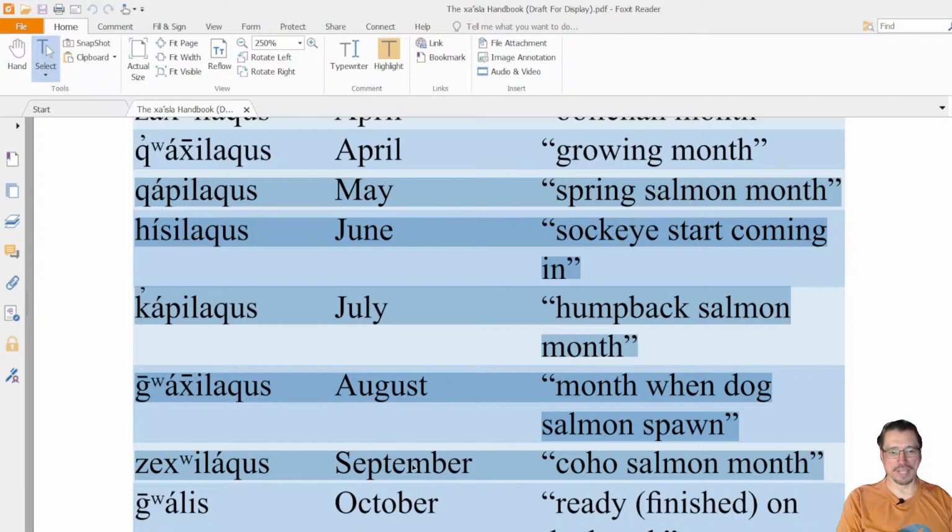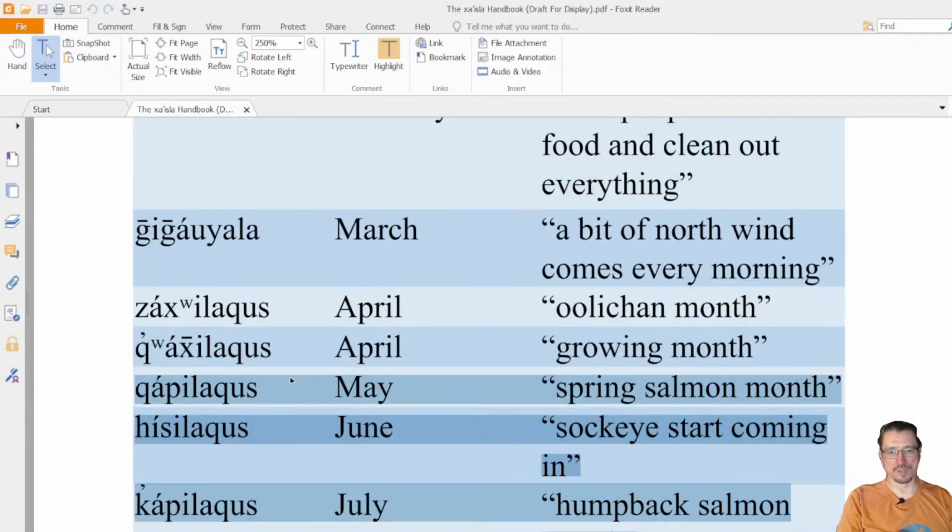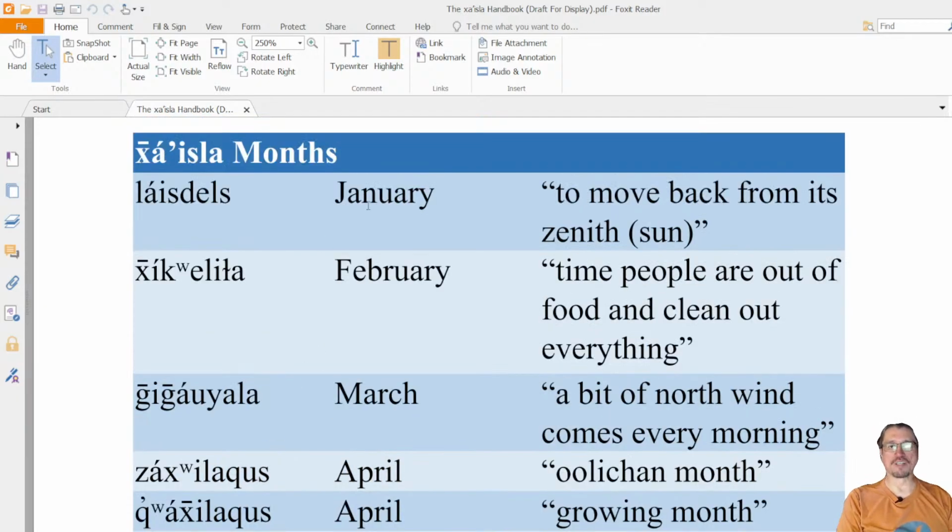So May to September is when all the different species of salmon run. So we have Cobus first, Hasten second, Kiapi third, Guachanis fourth, and then Jukwun is the last species of salmon to run. So if you can remember that, that's 5 months out of 12 right there. So it's a little tip you can use to memorize the months of the year in á'isla.